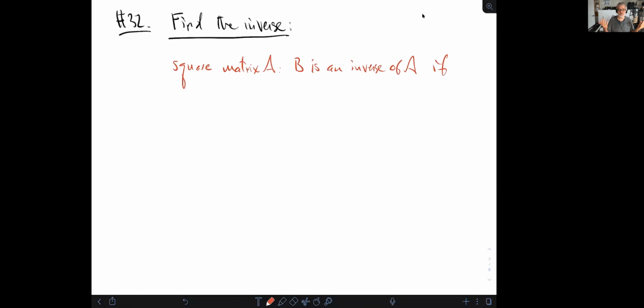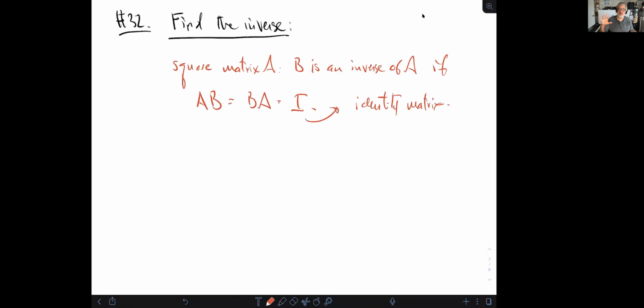So the inverse of a matrix is what you use to cancel out another matrix, to give you the identity. So A times B, and B times A, is the identity matrix.